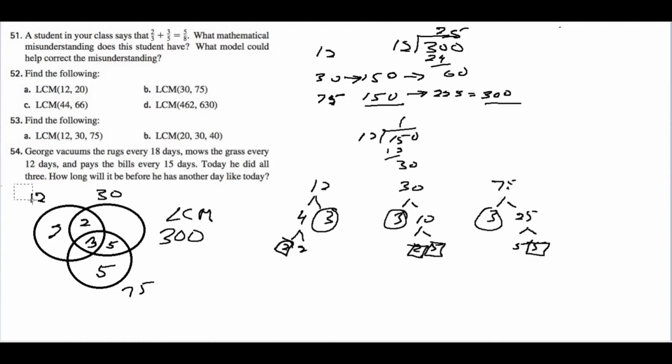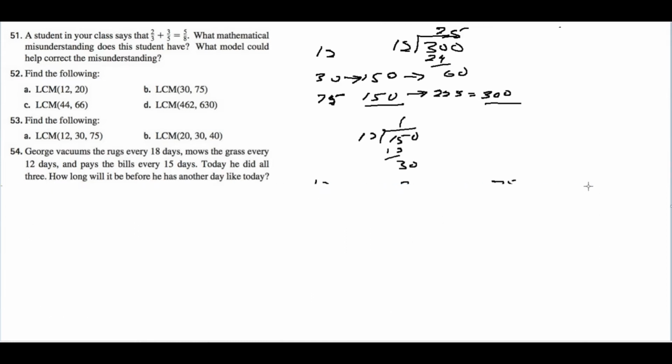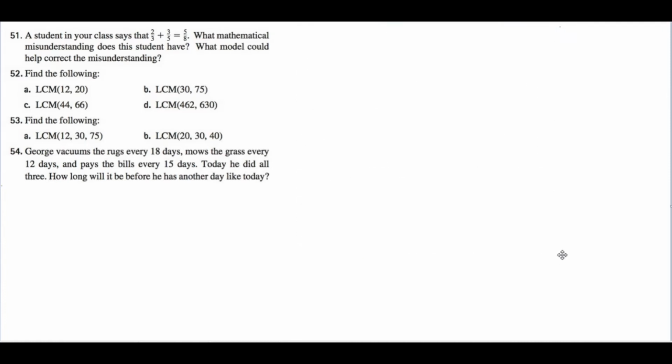On 20, 30, and 40, as we look at 20, 30, and 40, I think you'll find that is maybe a little easier just to go ahead and list them. And again, what I usually do on that is start with the largest one, because I can see 30 won't go into 40, so then 20 will go into 80, but 30 won't.